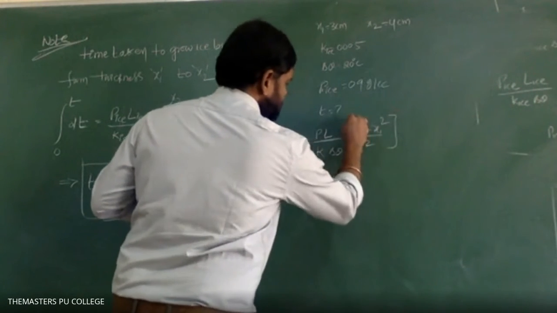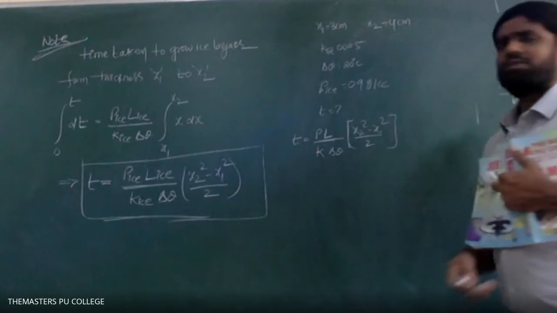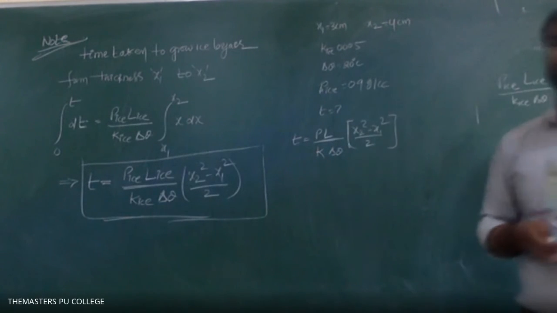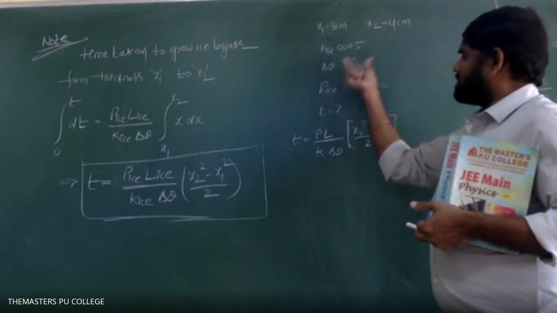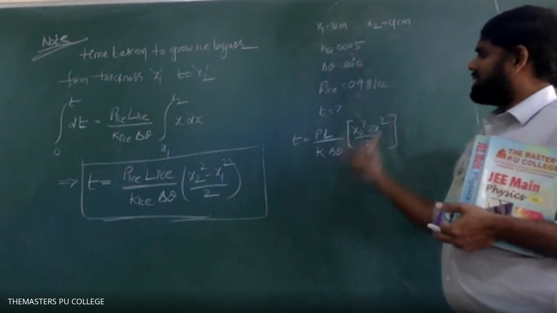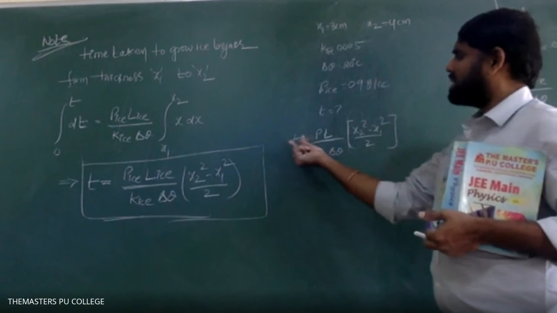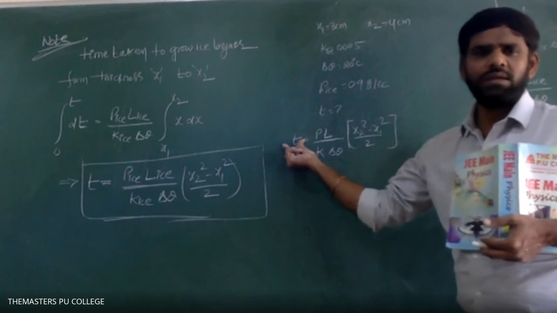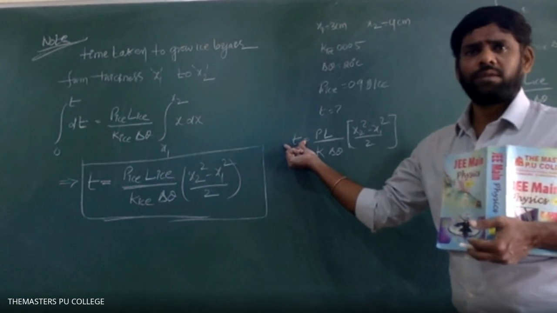Students, here we may get a doubt about whether we need to change the units into the SI system or the CGS system. Changing all the units is a bit difficult. If you keep all these units in CGS, then you will also get the time in CGS units. What is the CGS unit of time? Second only.